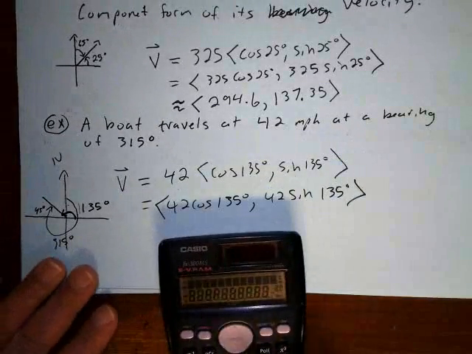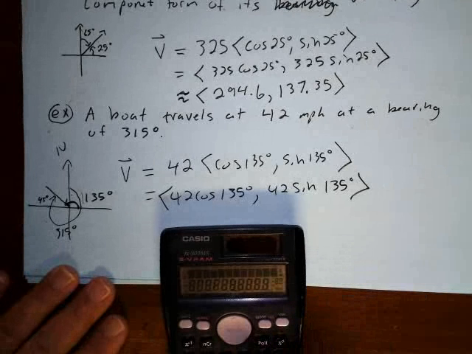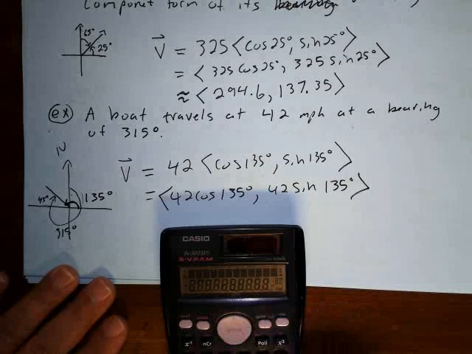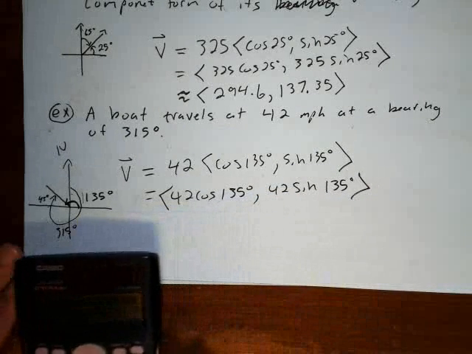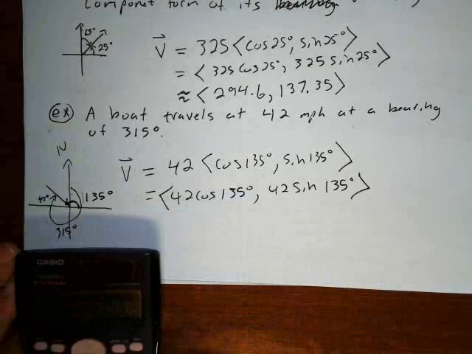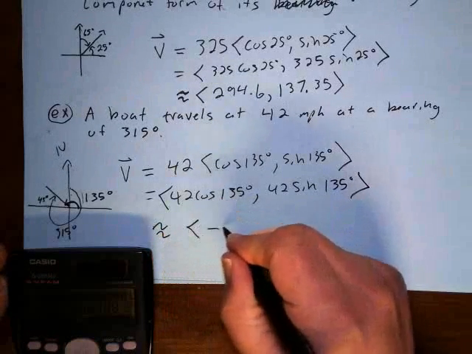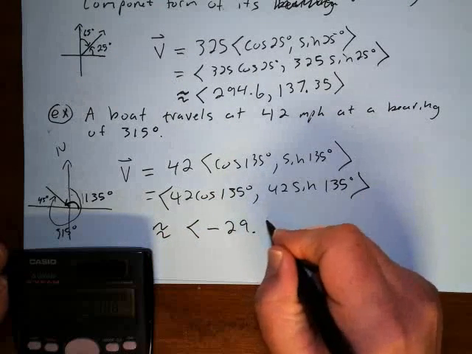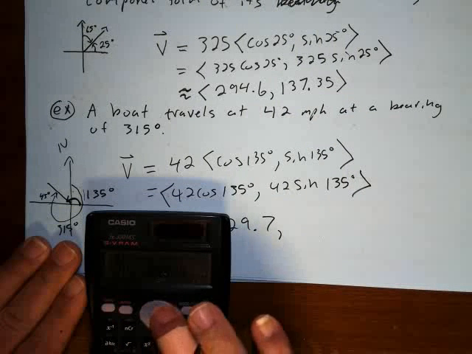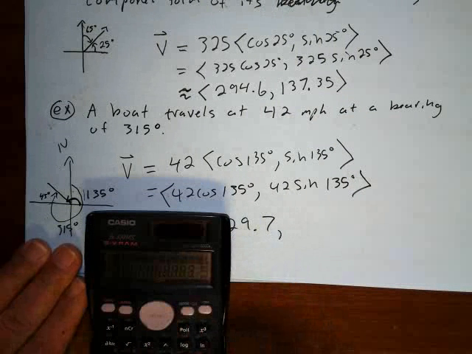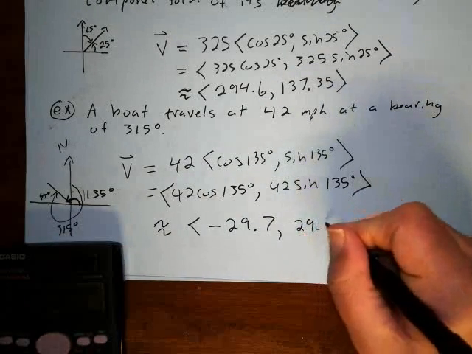So let's see. 42 times the cosine of 135 is approximately negative 29.7, and then I'll put in the sine, and I get positive 29.7.